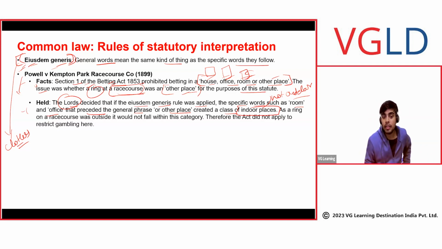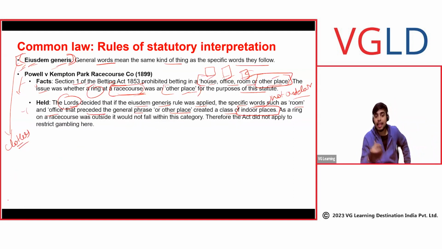So here the ring, the race course where people sit and bet in the open area, was allowed based on this technicality of other place. Clear?